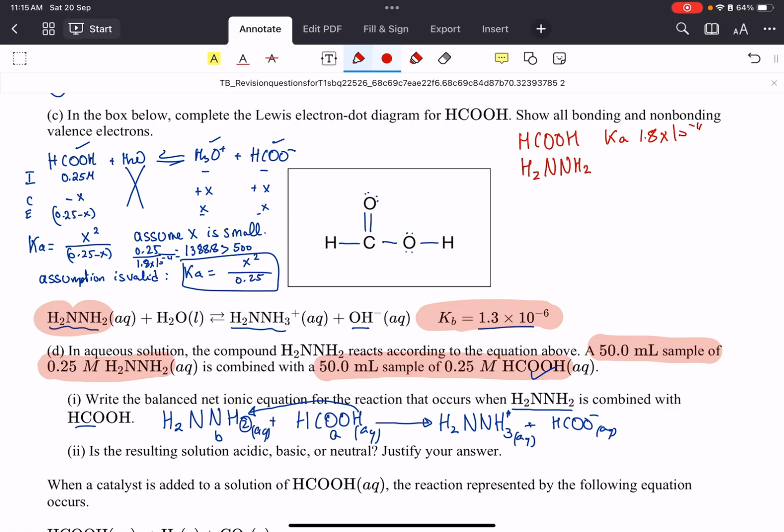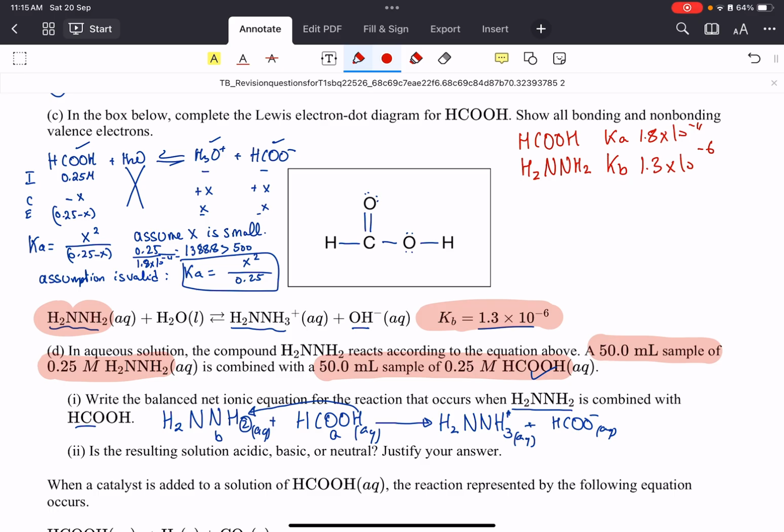I can compare Ka and Kb because they show the extent of the ionization, the degree to which HCOOH and H2NNH2 ionize. So I can see their values and say which one is stronger. Okay, so in this question, who's more?